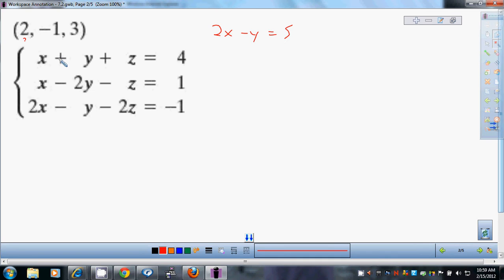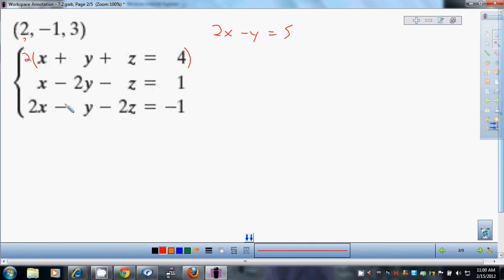Now we need to get rid of another z so that we'll have two variable equations. So what other combination of equations here can we use to get rid of a different z? Add it to the bottom one? I like it.